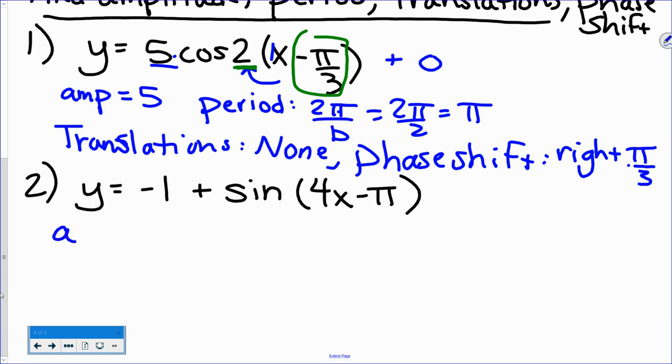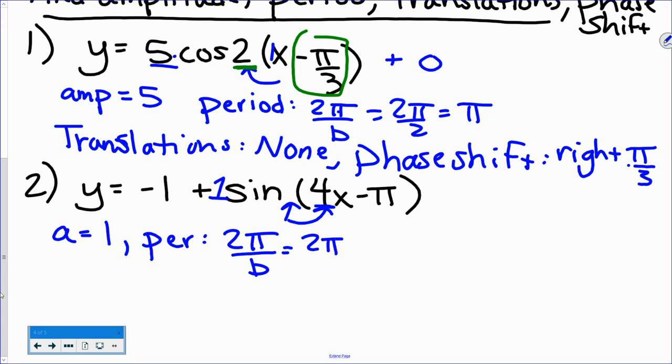My amplitude would be the number that is multiplying in front of my trig function sine. So that would be 1, if nothing's listed. Next, the period. I need to take 2 pi and divide by b. There is no number put out here, so I need to look at the number next to x, which is 4. So I'll take 2 pi and divide by 4, since that is my b. So pi over 2 would be my period.